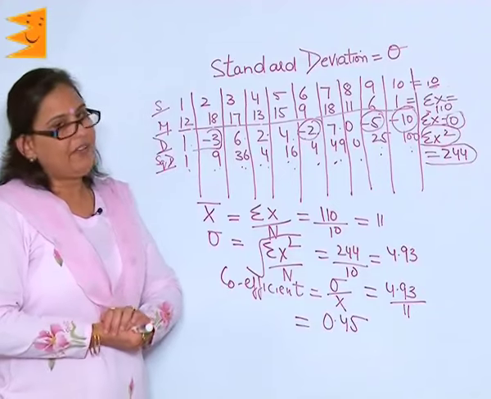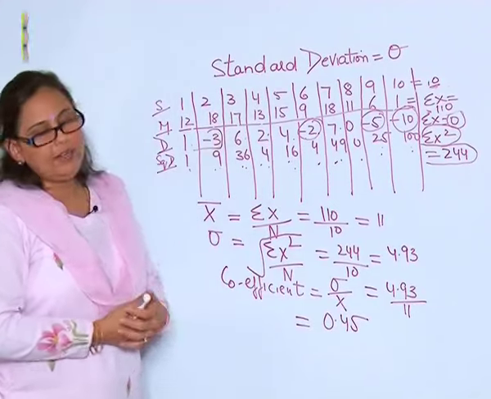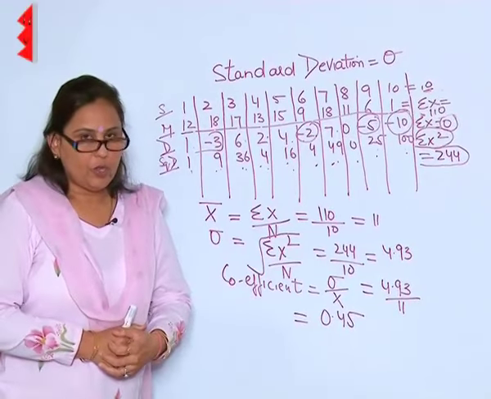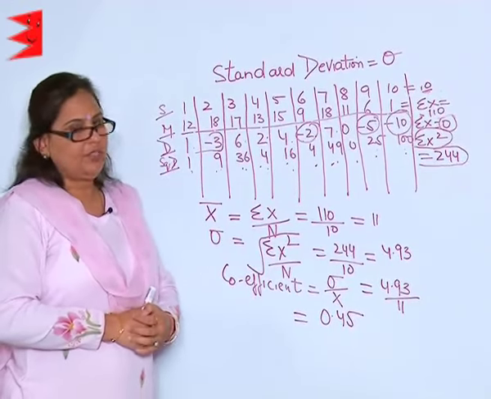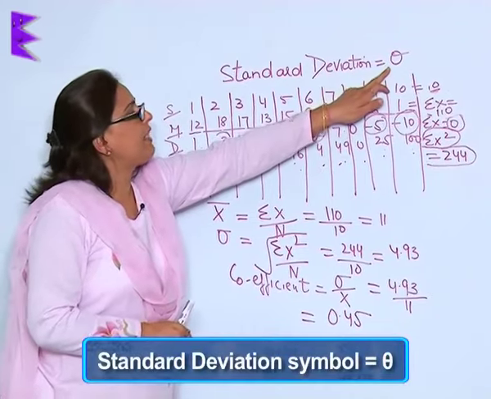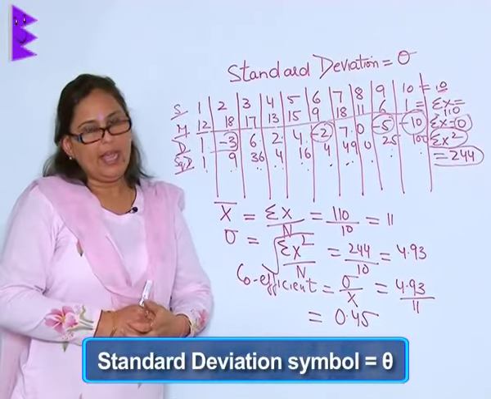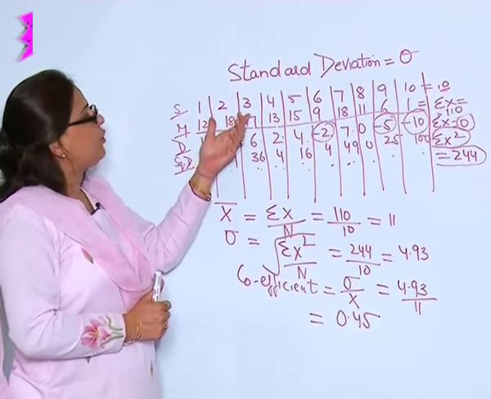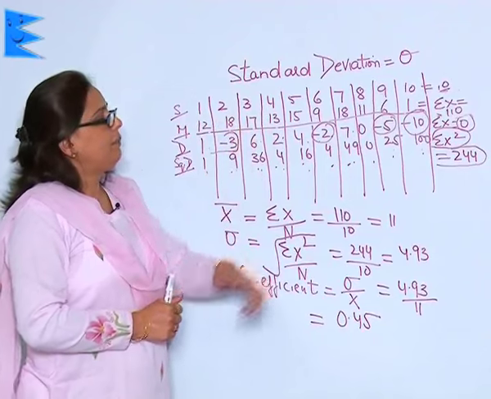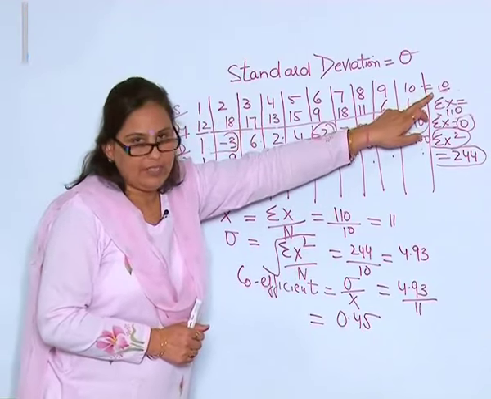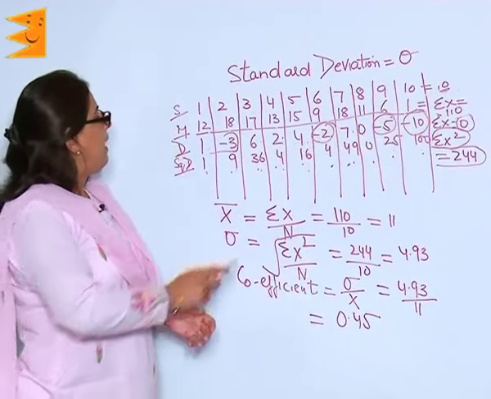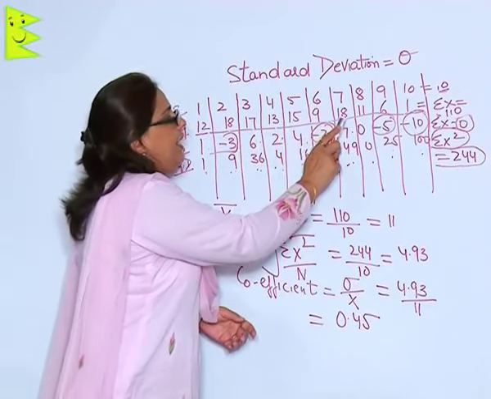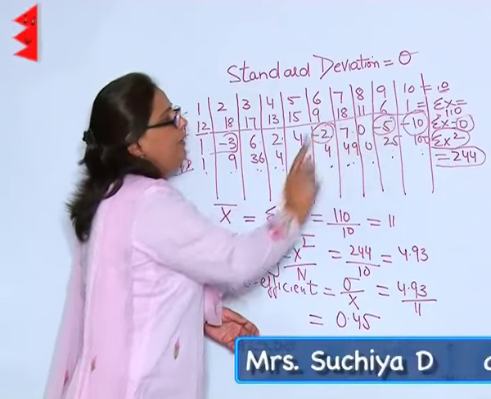Now let's try and find out the fourth method of measuring the measures of dispersion, which is called standard deviation. The symbol or the sign of standard deviation is this, and the sum which we have got is that the number of students is 10, that means the number of observations is 10, and the marks scored by them are 12, 18, 17, 13, 15, 9, 18, 11, 6 and 1.